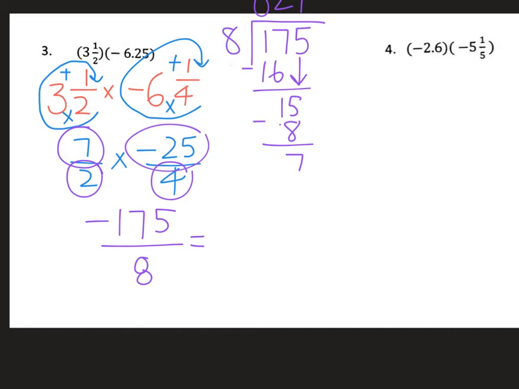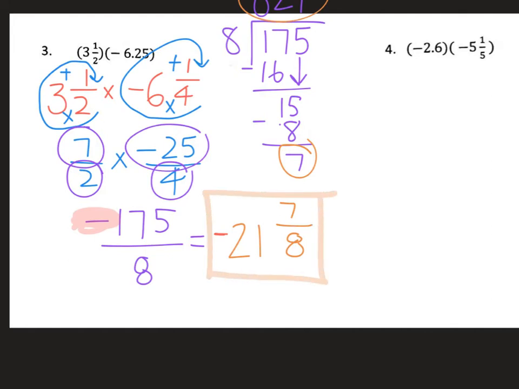So for this problem, it went in 21 whole times with 7 remaining, and our denominator stays the same. Do not forget, you have to include that negative sign in our final answer, which would be negative 21 and 7/8.